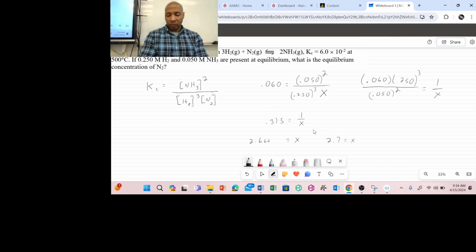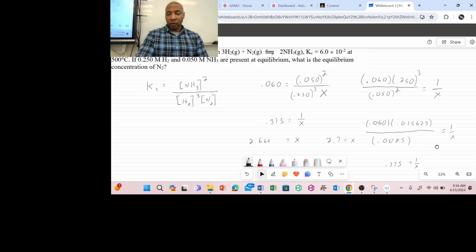Okay, so 0.25 cubed is 0.015625, so I'm going to end up with 0.060 times 0.015625 all over 0.05 times 0.05, which is 0.0025, is equal to 1 over x. And then, of course, you end up with 0.375 when you do all of that, equal to 1 over x.